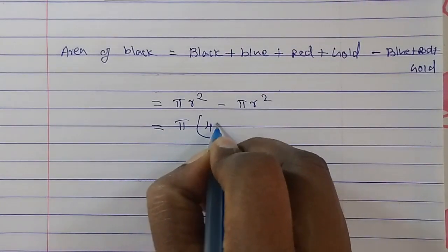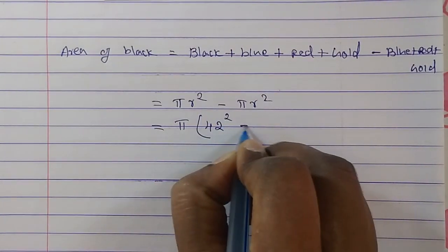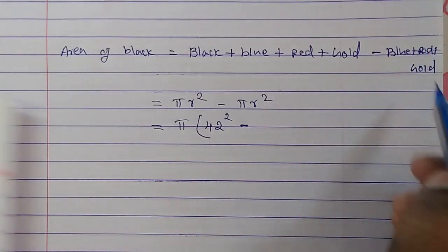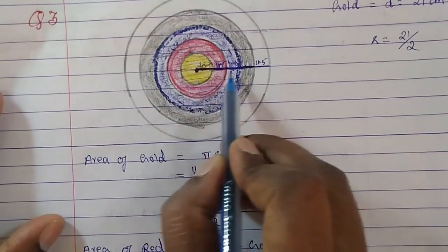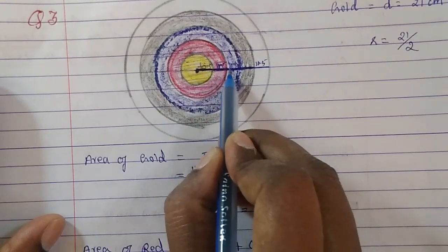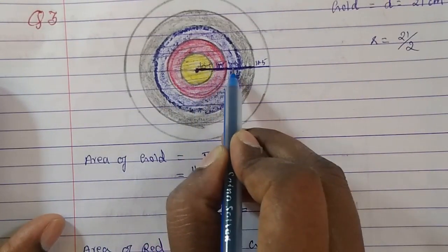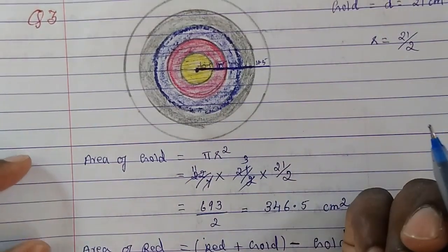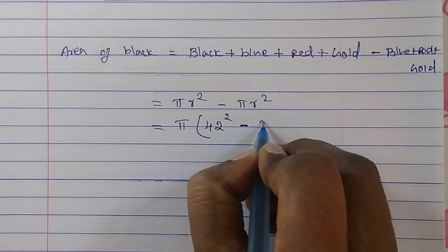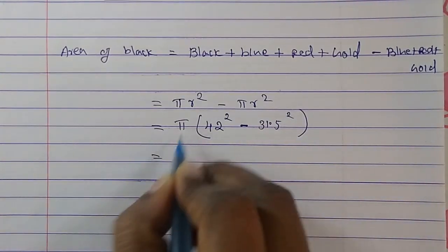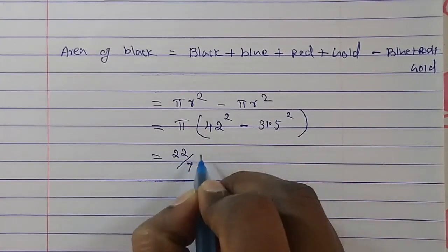So 42 square is there. Minus, pi is in common. Here the radius blue, red, gold. This much we have to minus, no? This much part. So 10.5, 10.5 and 10.5 will give us 31.5 square.